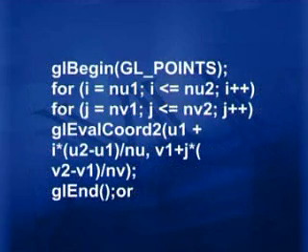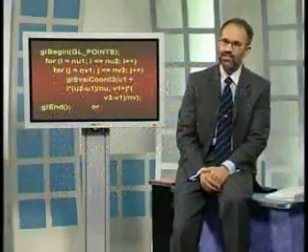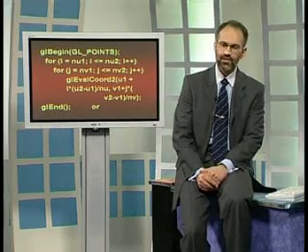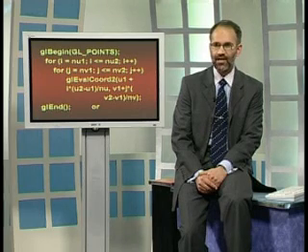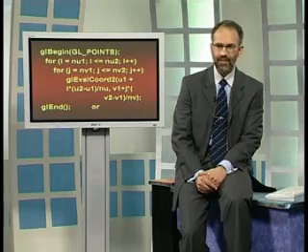So the first code segment makes use of glBegin(GL_POINTS), runs two loops. The first one for I equal to NU1 to NU2, incrementing each step by 1. The inner loop for J equal to NV1 to NV2, incrementing J by 1 in each step, and calling glEvalCoord2 for U1 plus I times (U2 minus U1) over NU, comma V1 plus J times (V2 minus V1) over NV.